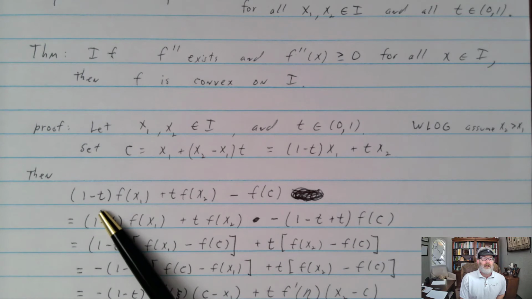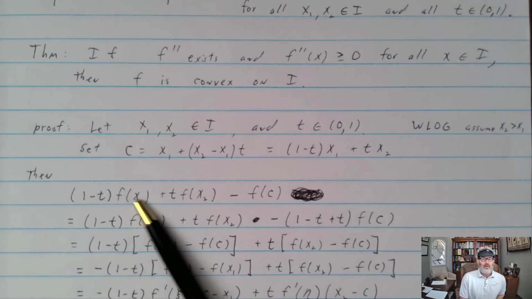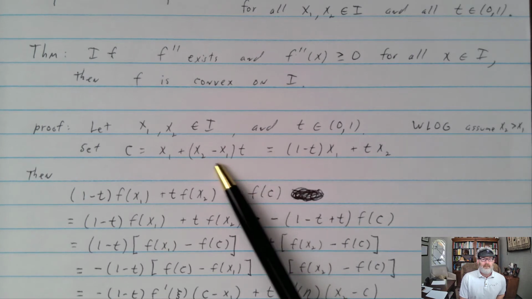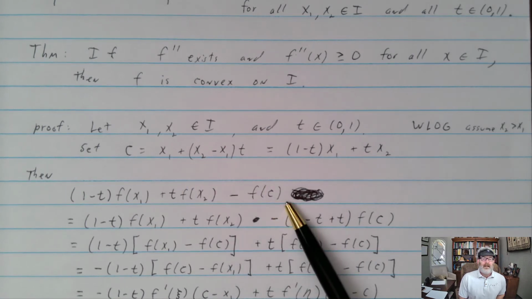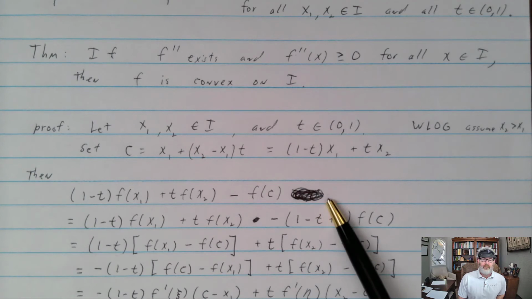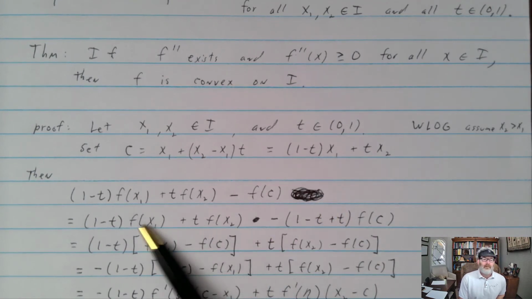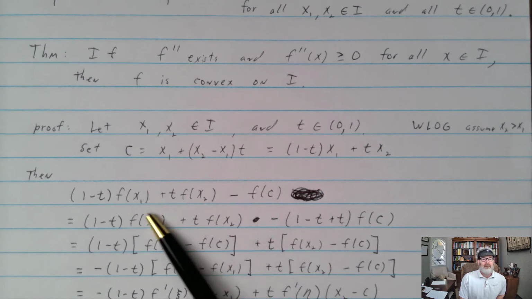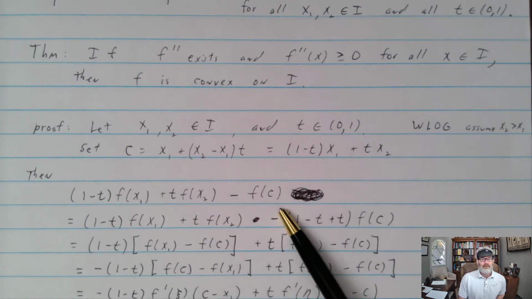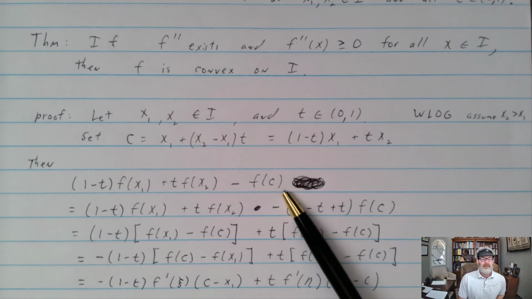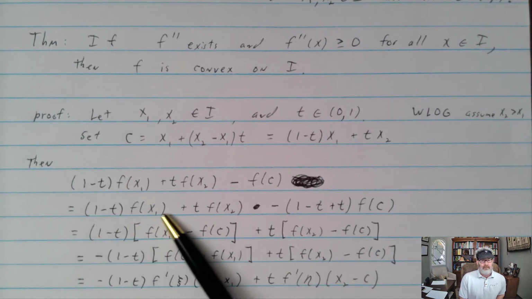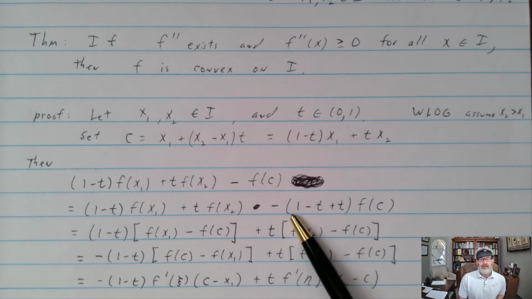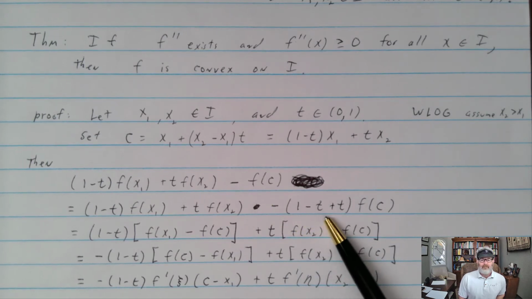Then this quantity, and f of c is going to be f of that point in between. I want to be greater than or equal to 0, so that's what I want to show. But right now I'm just going to follow a string of equalities. So this quantity equals these two terms I just rewrote, and then minus f of c I rewrote as 1 minus t plus t.